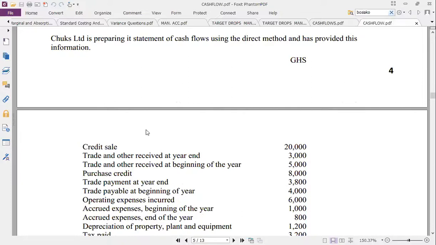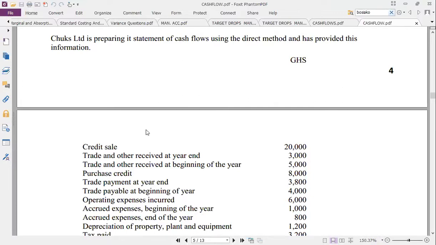Credit sales is there. Trade and other receivables at the year end and at the beginning are also there. Purchases on credit is there. Trade payables at the year end and at the beginning are there. Operating expenses incurred. We want what?